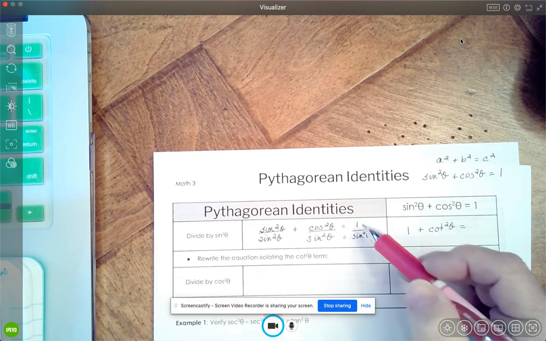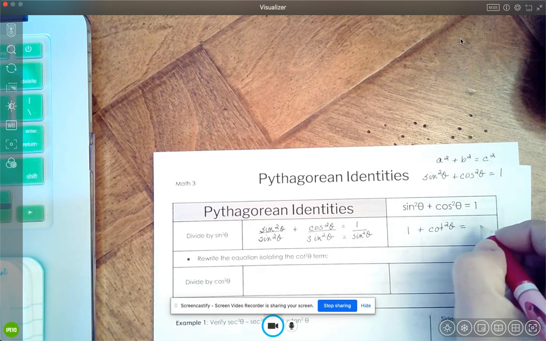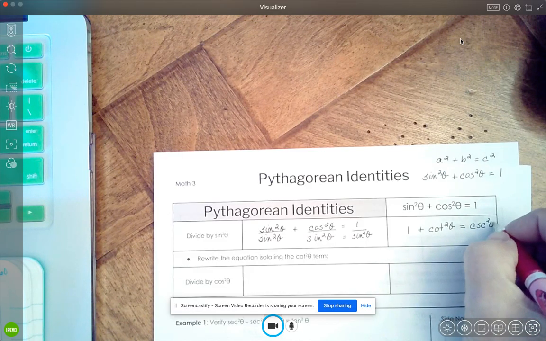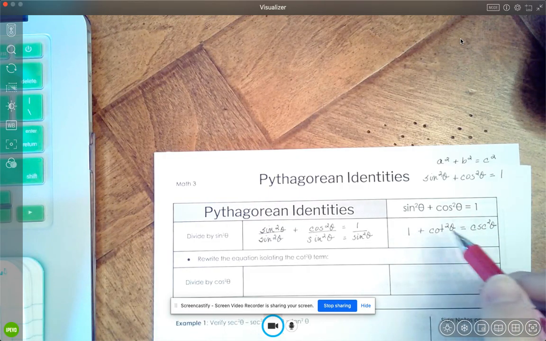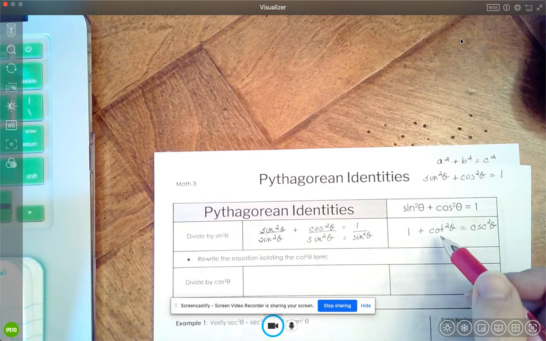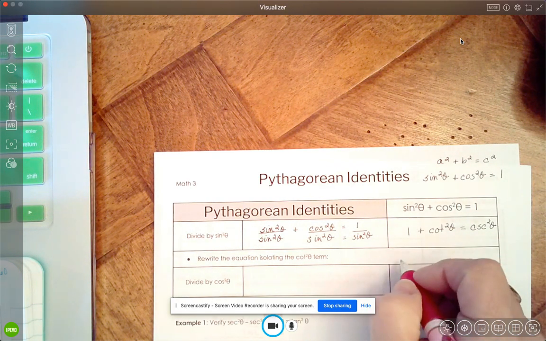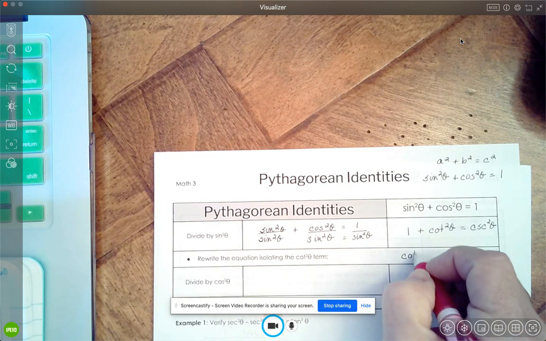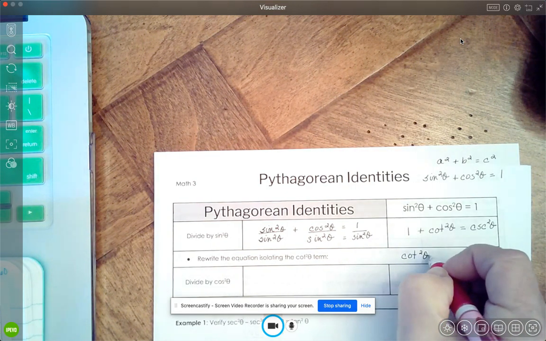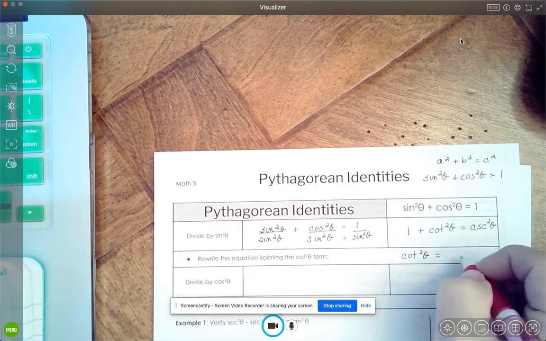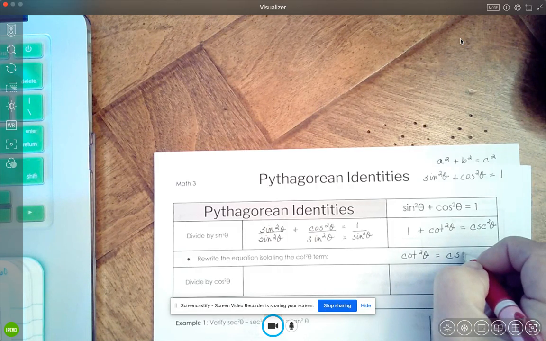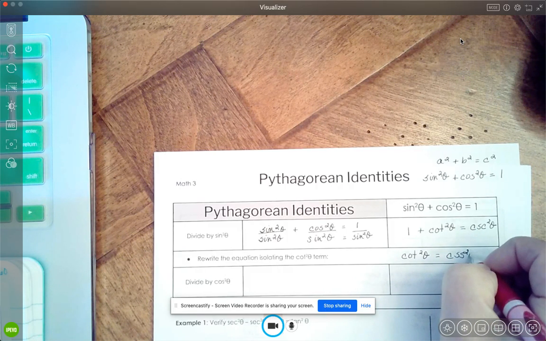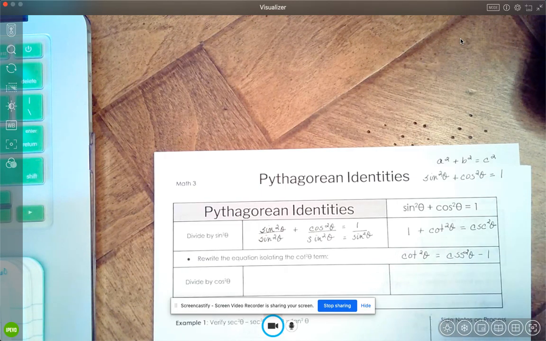And then 1 over sine squared is cosecant squared of theta. So this is one that we are going to use, okay? So we can rewrite this equation down here. We can also rewrite it as the cotangent squared of theta. If I subtract 1 from both sides, is the cosecant squared of theta minus 1.